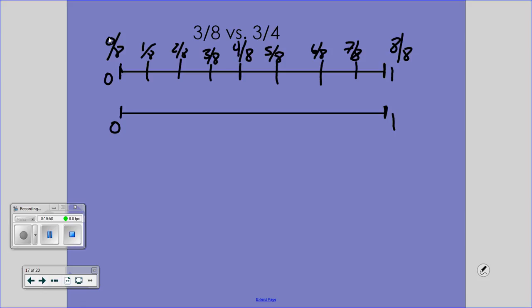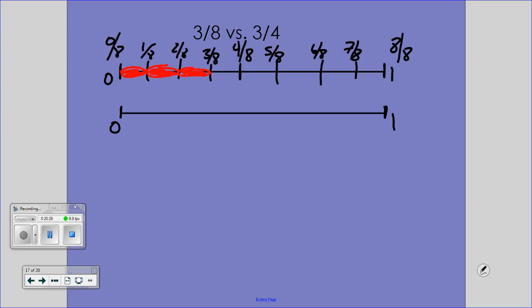Because there are 3 spaces to make 3/8. There's also a 3 in the numerator, which tells me, hey, you need to go 3 times. We good? Yes? No? Okay, cool.